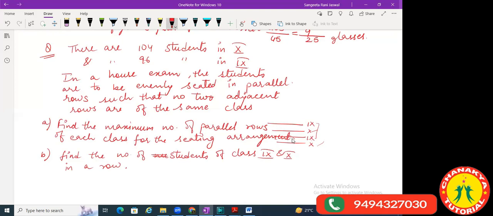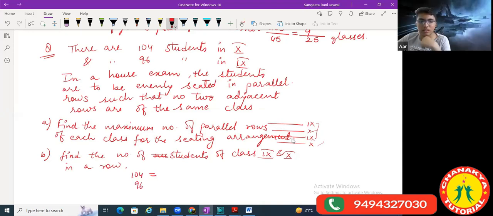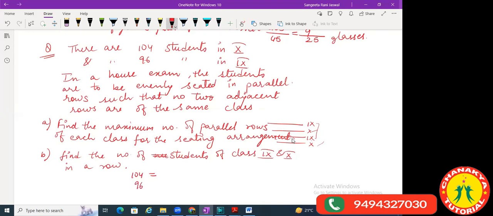Now, in the first case, find the number of students of class 9th and 10th in a row. How many students are sitting in one row? How will you get that? 104 are the students of class 10th, so find the factors of 104. Ma'am, the HCF is 8. HCF is 8.